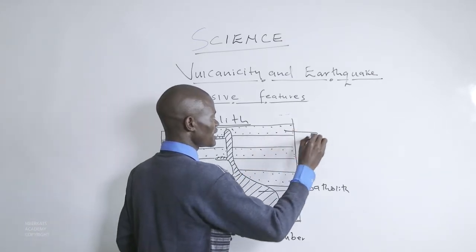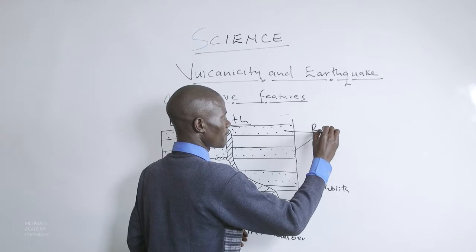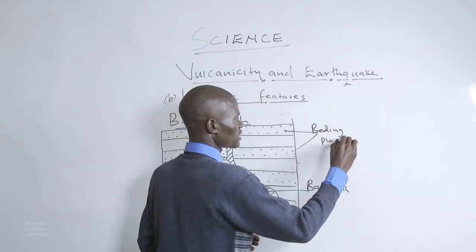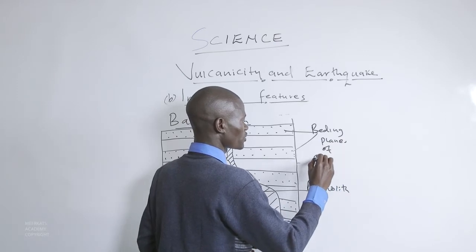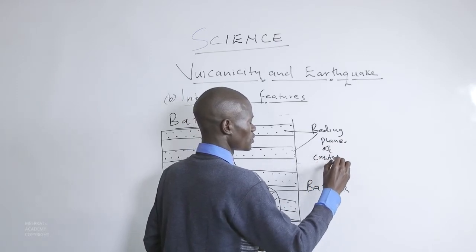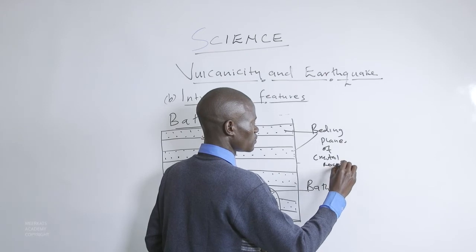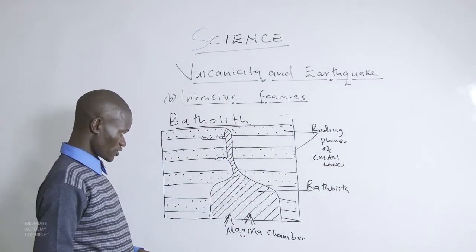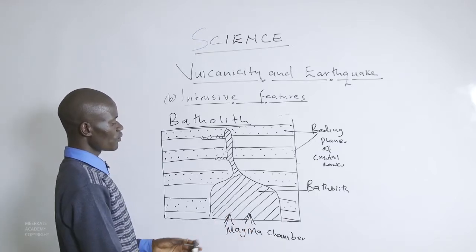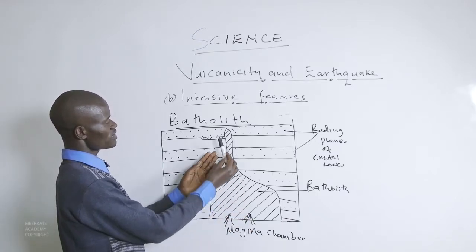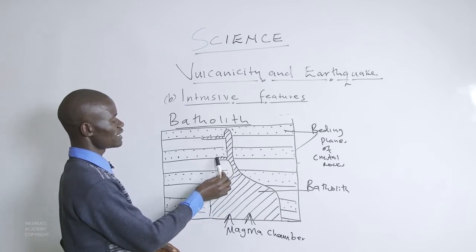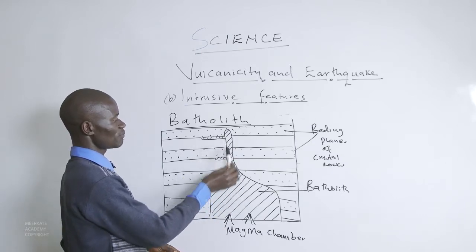These are the bedding planes of the crustal rocks. In other words, they are the layers of the crustal rocks, and when magma goes into these bedding planes, it will cool and solidify within them.